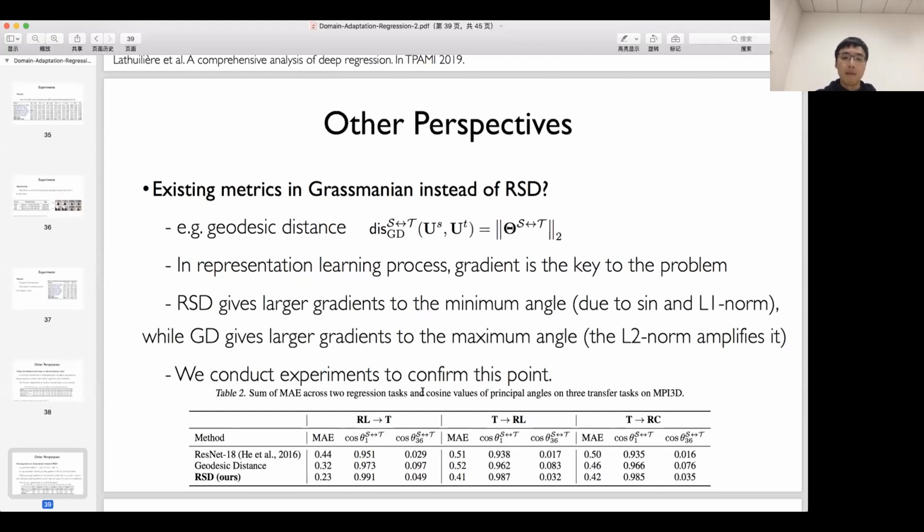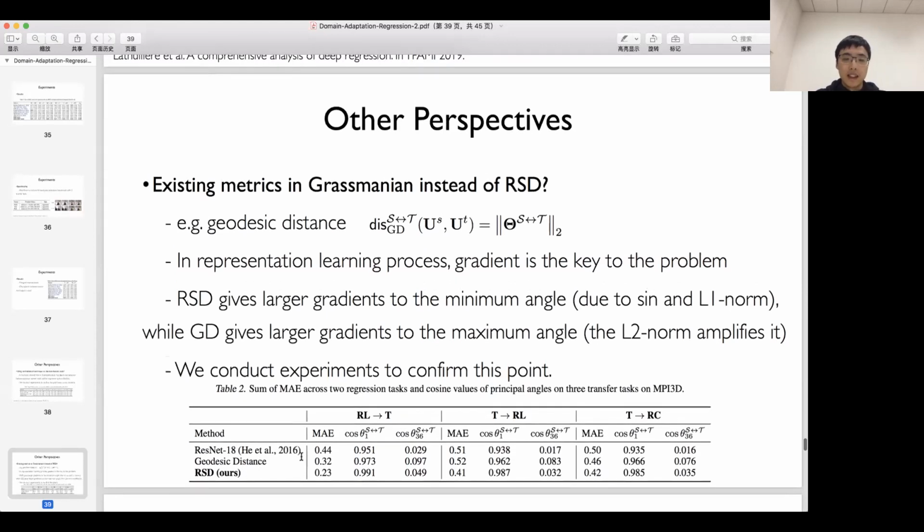So we conducted experiments to confirm our point. We can find that using geodesic distance gives a worse result, and it has a larger cosine value in small principal angles. So we think ISD is more reasonable for representation learning. GD is a well-defined distance, but it is not very reasonable for representation learning because its gradient is larger for maximum principal angles.